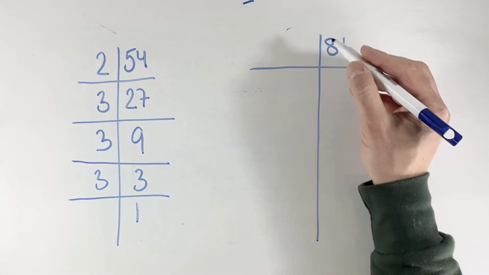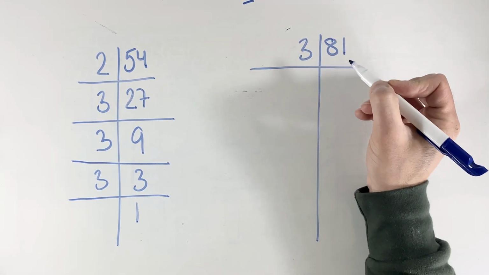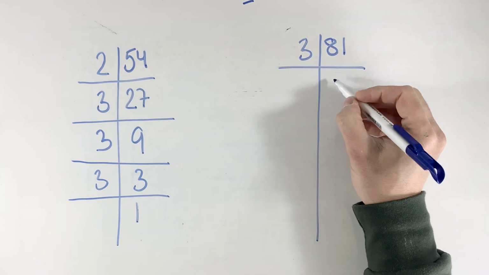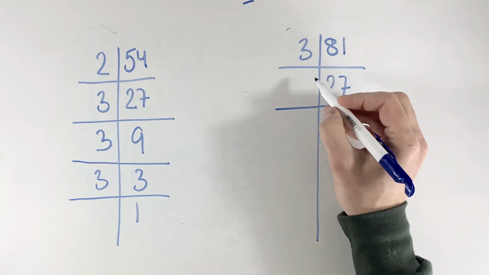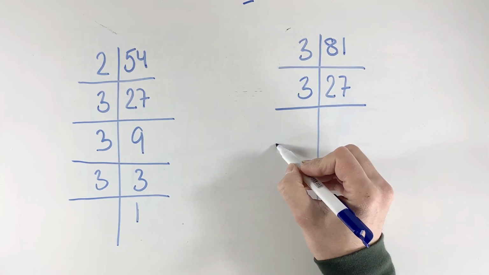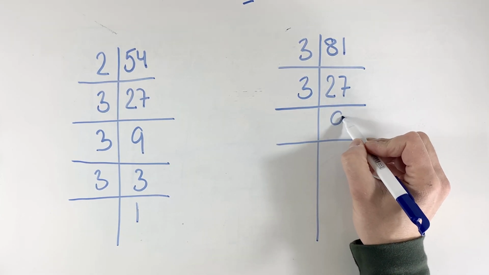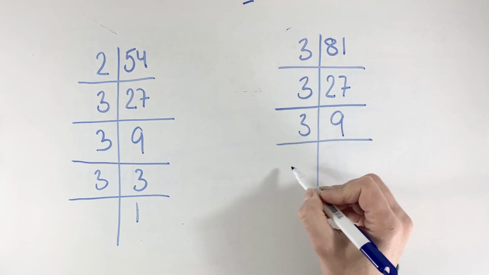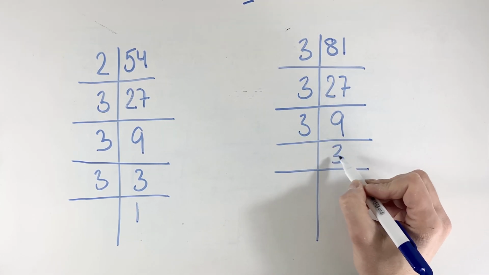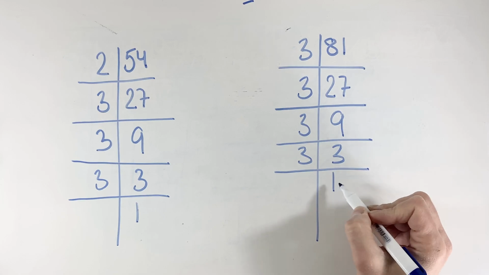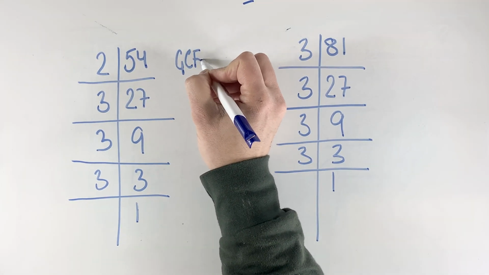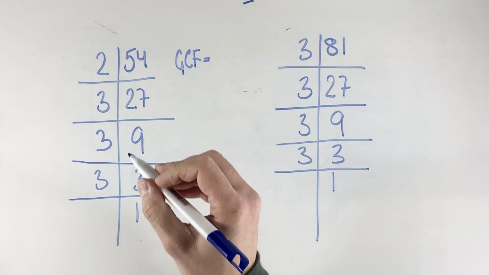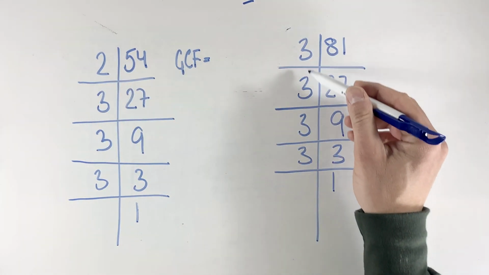81 can be divided by the prime factor 3. So 81 divided by 3 is 27. And then we can factor out the 3. 27 divided by 3 is 9. 9 divided by 3 is 3. And 3 divided by 3 is 1. Okay, so our greatest common factor here, there's a 2 here that they do not have in common.